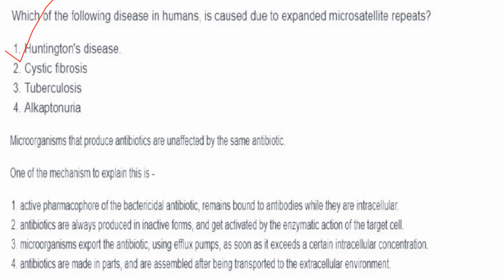So when there is a mutation, it will result in the accumulation of homogentisic acid in the body, which is excreted in the urine, and the urine will turn dark when exposed to air. That is alkaptonuria. Okay, now next one.